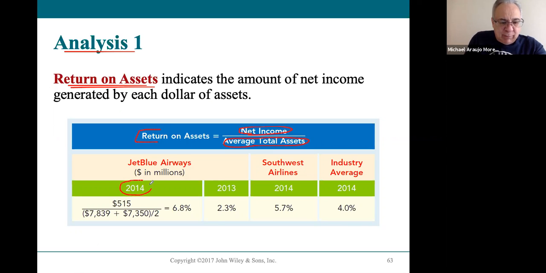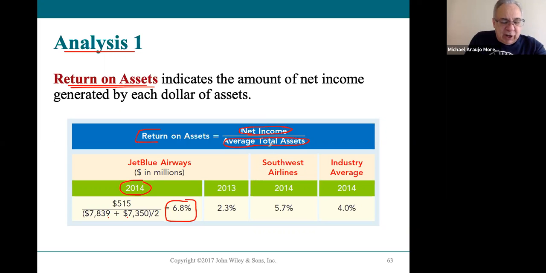When you look at JetBlue for 2014 data, they had a $515 million profit on average total assets of around $7.5 billion. So that was a 6.8% return on assets for JetBlue in that particular year, which was excellent.